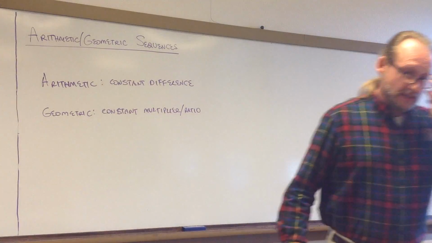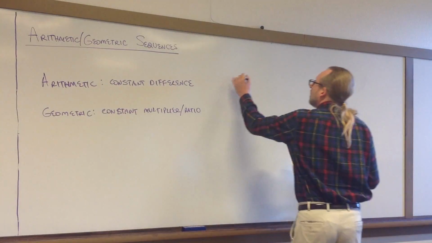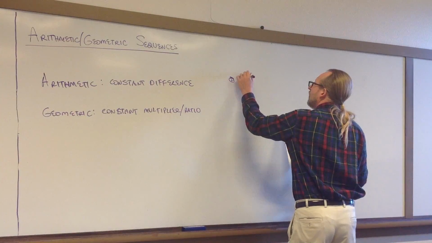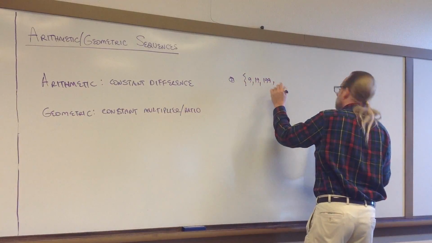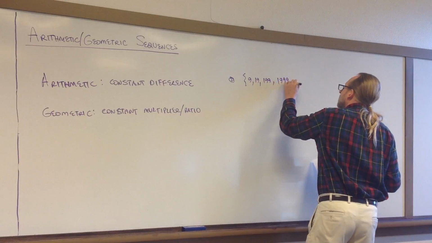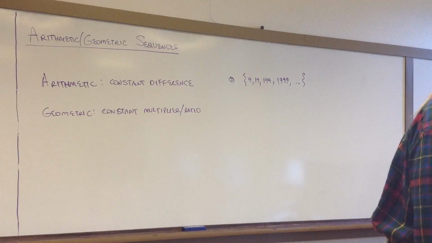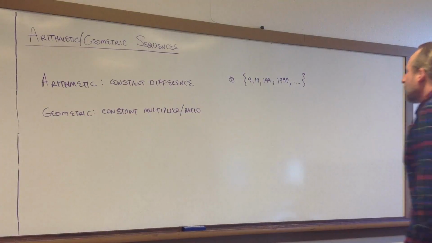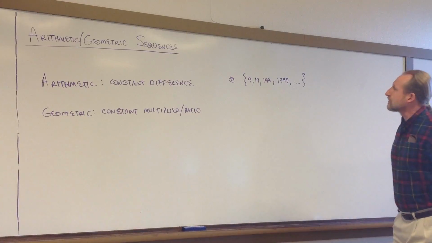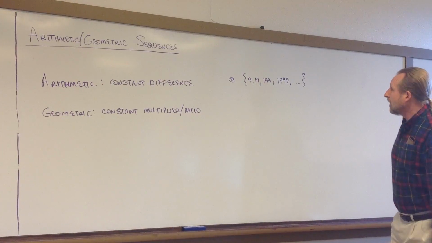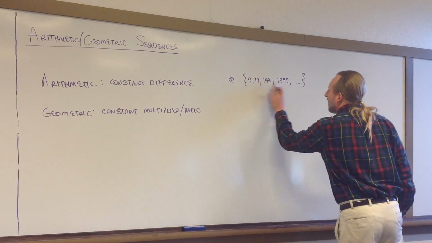So let's take a look at the problems on page 111. Problem 2. We've got 9, 19, 199, 1999, and so on. Now notice that we don't have a formula for this, and I suppose we could build one, but it seems pretty clear what the pattern is: just add a 9 on the back.